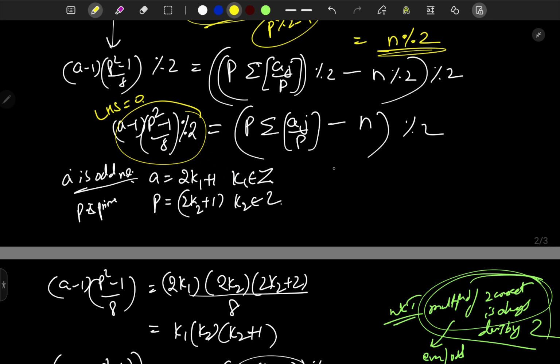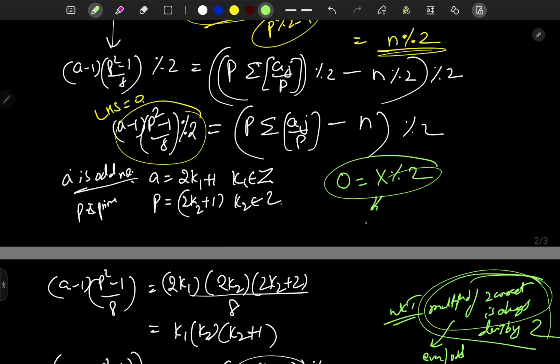So this can be written as 0 is congruent to p sigma (aj by p) minus n whole. You got my point. Not like this. So 0 equals some x percent 2.